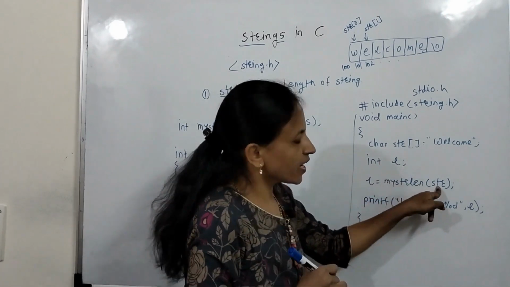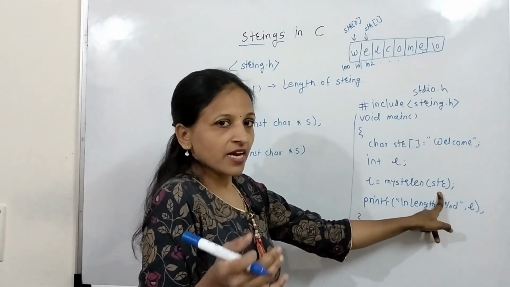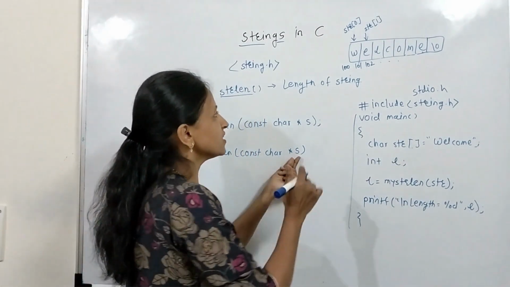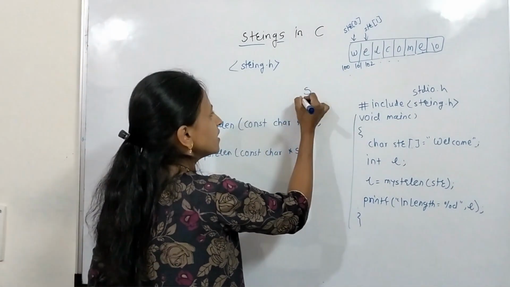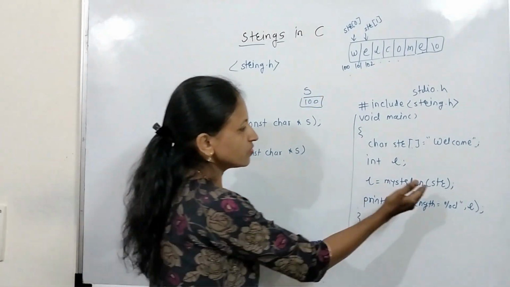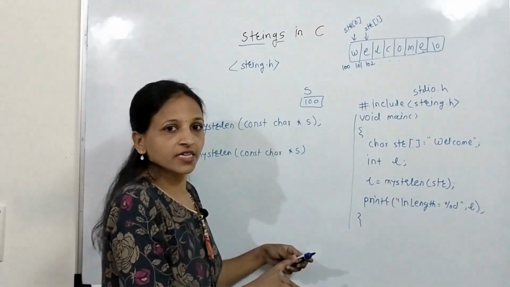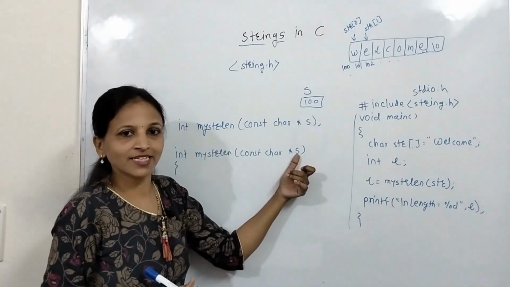Now here I am passing 100. 100 is nothing but an address, and for that there should be a pointer variable to catch that address. Inside s there is the value 100. Why? Because I am passing that str. Str is the name of that array, holding the base address that I am passing, and that will be caught inside this s.